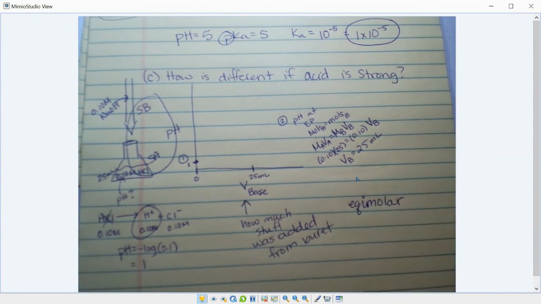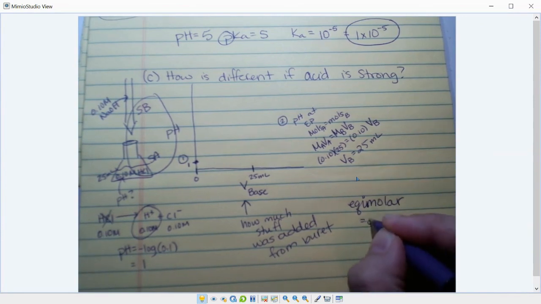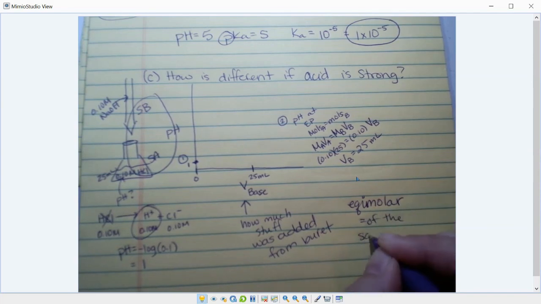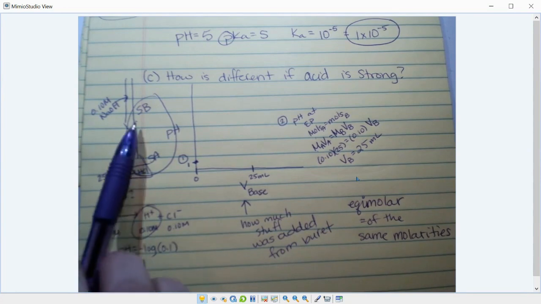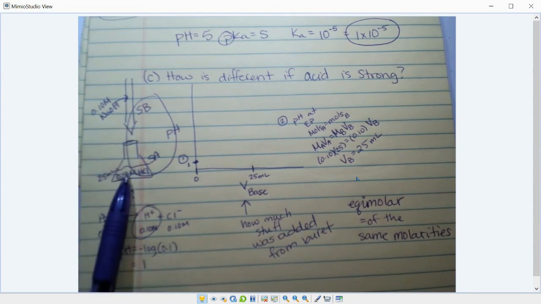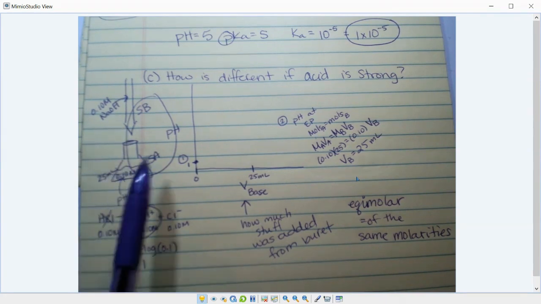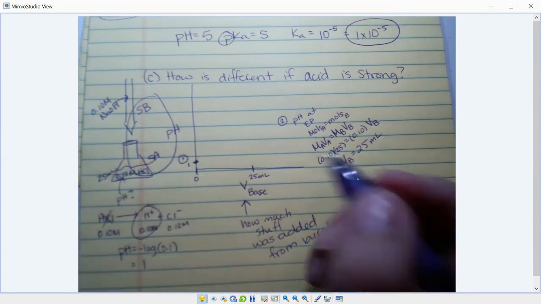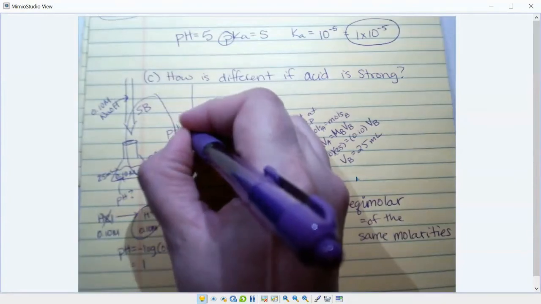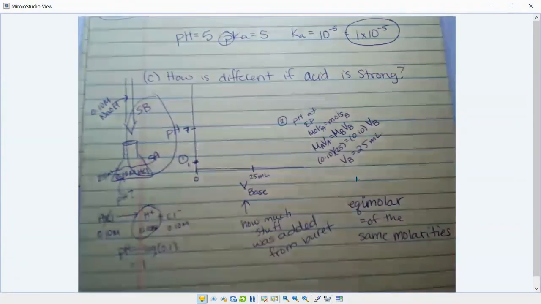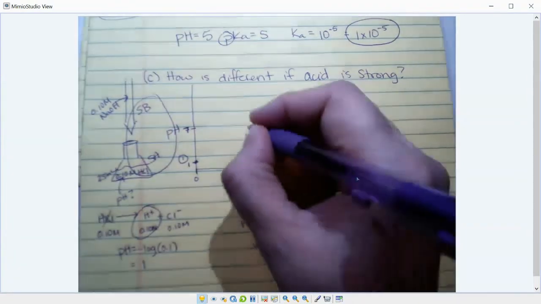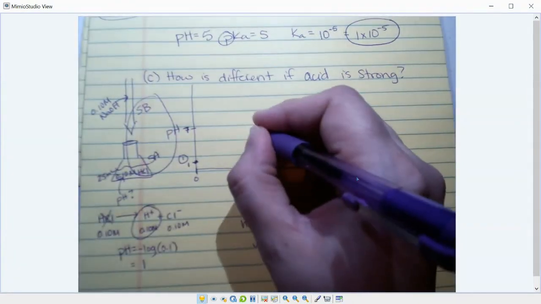Equimolar, which means of the same molarities. If they are equimolar, which they are, 0.1 molar and 0.1 molar, then when they neutralize each other, since it's strong and strong, the pH is neutral, so it has an equivalence at pH 7. So I plop that point in. At 25 milliliters, the pH hits 7.